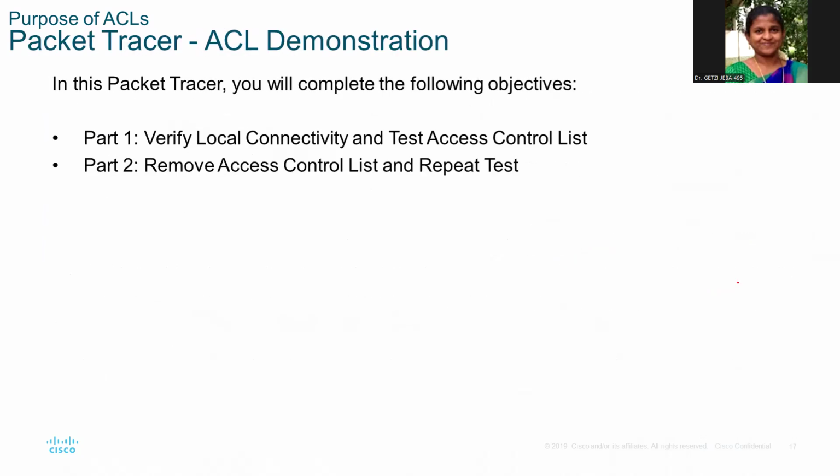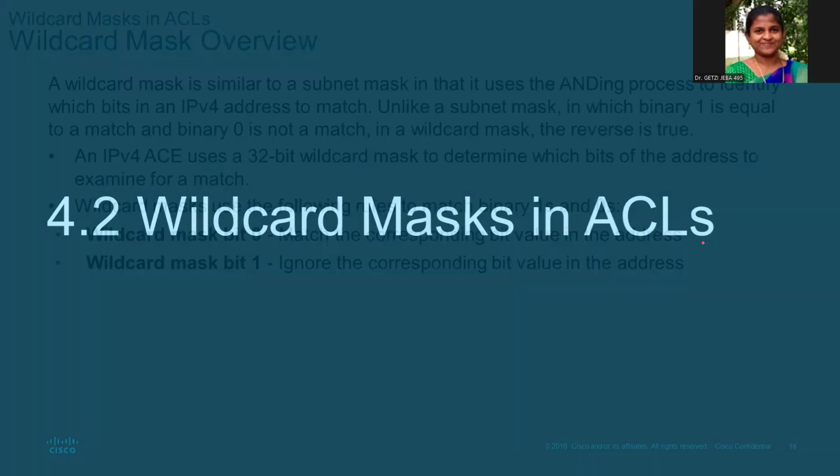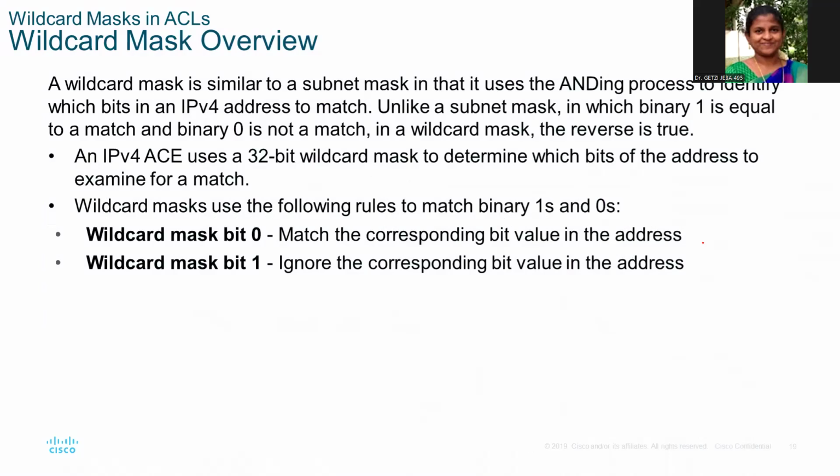Okay, now we'll go to the wildcard mask. In an access control list, a very important topic is the wildcard mask. Wildcard mask means 0 means match the corresponding bit value, and 1 means ignore.